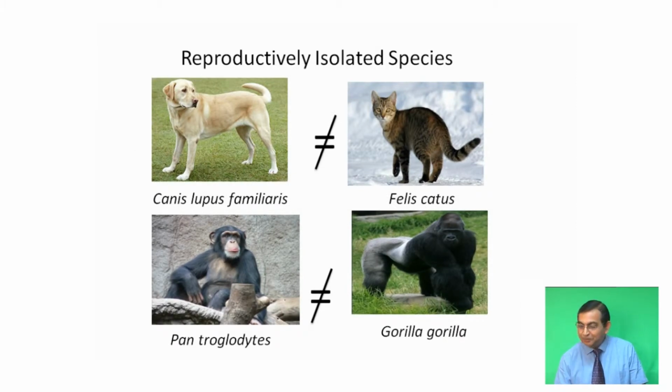These are some photographs of animals which are reproductively isolated, for example, the common dog, Canis lupus familiaris, cat, Felis catus, chimpanzee, Pan troglodytes, and gorilla. So these are all reproductively isolated, separate species.